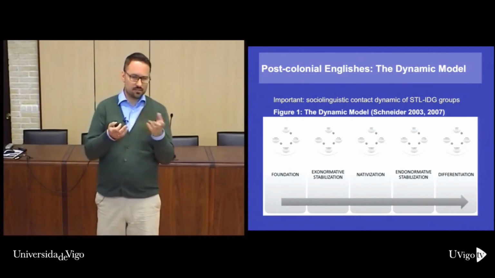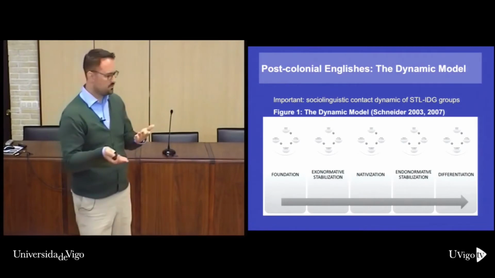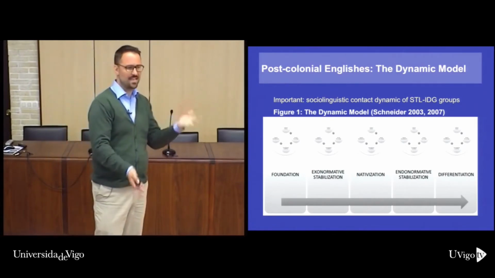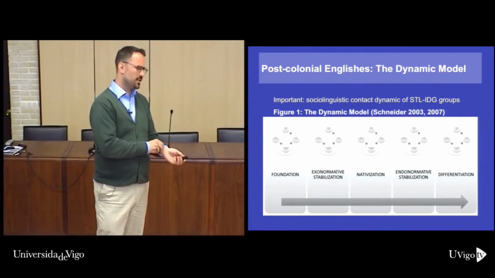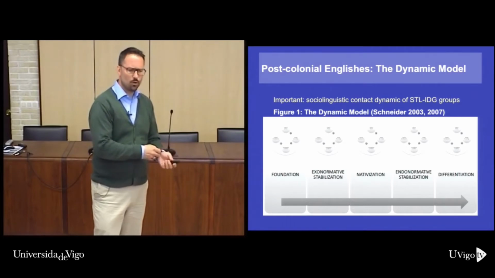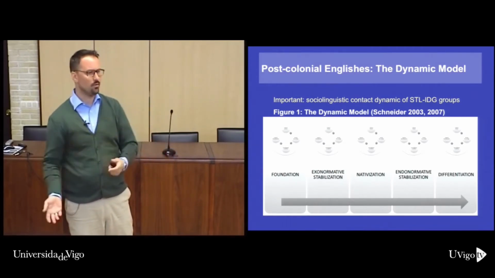So the circle approach doesn't work, because in a way you're going to say South Africa as a country, and it was associated with countries, is both an inner circle and an outer circle variety. And of course, when we look more closely at the different types of black South African English, the situation is even more complex. Some speakers will be completely fluent, they will use English as their first language, and some might not.